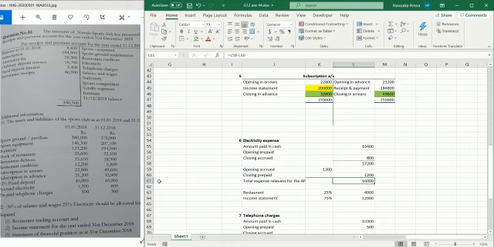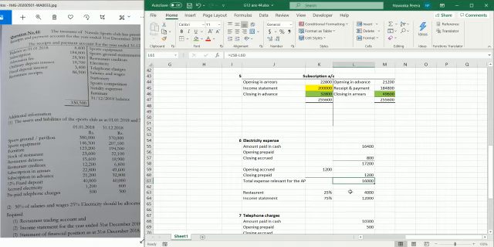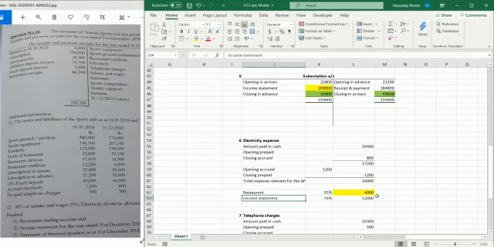Now, according to the information provided in the second additional information, 25% of the total electricity expense should be allocated to restaurant. Then in the profit or loss statement as electricity expense we record 4,000. And then in the income statement we record 12,000, 75% of 16,000, which is 12,000.